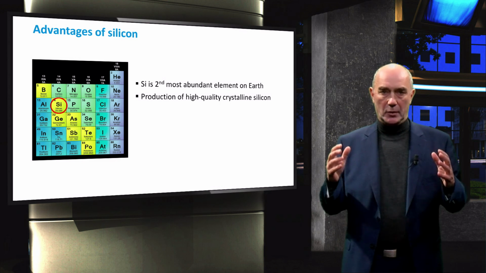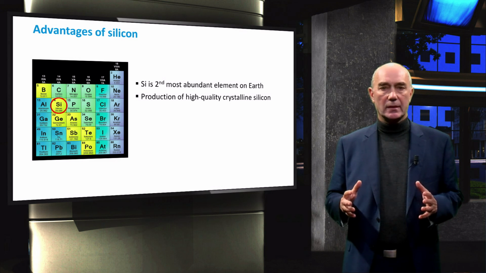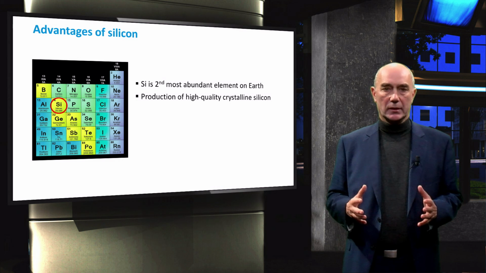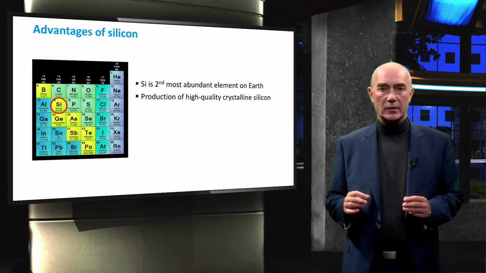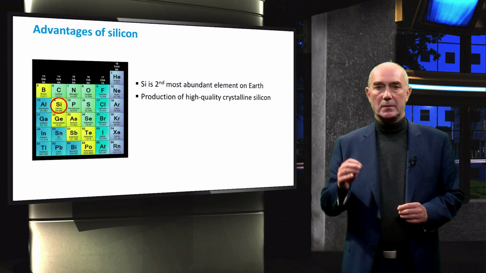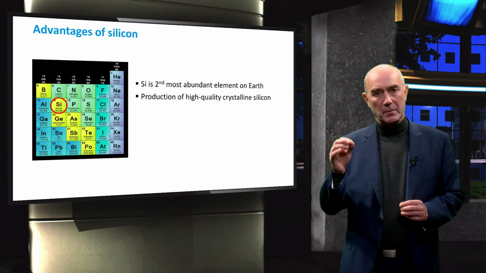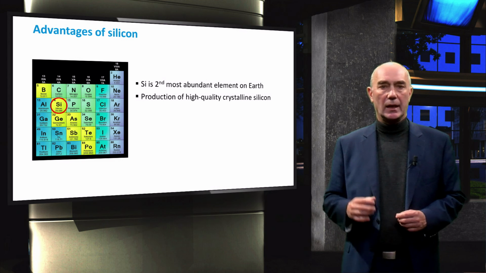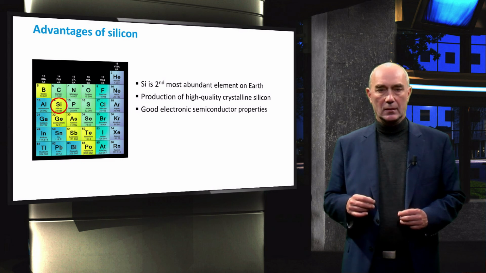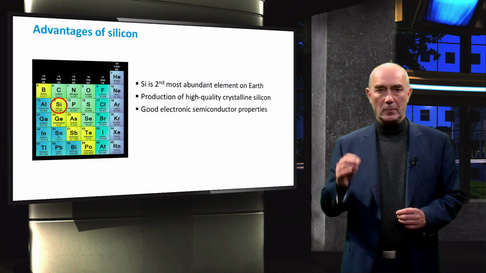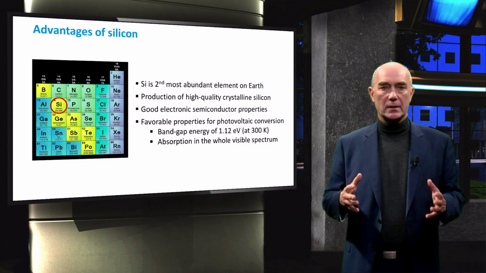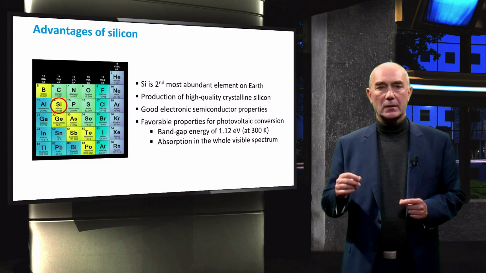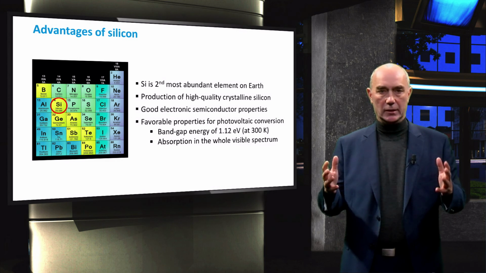Secondly, processing of high-quality crystalline silicon is very mature, since it has been used in the microelectronics industry for decades. This means that we can produce a material with very good electronic properties. Moreover, silicon has optical properties which are close to ideal for absorbing visible light, making it a good candidate to convert solar energy.